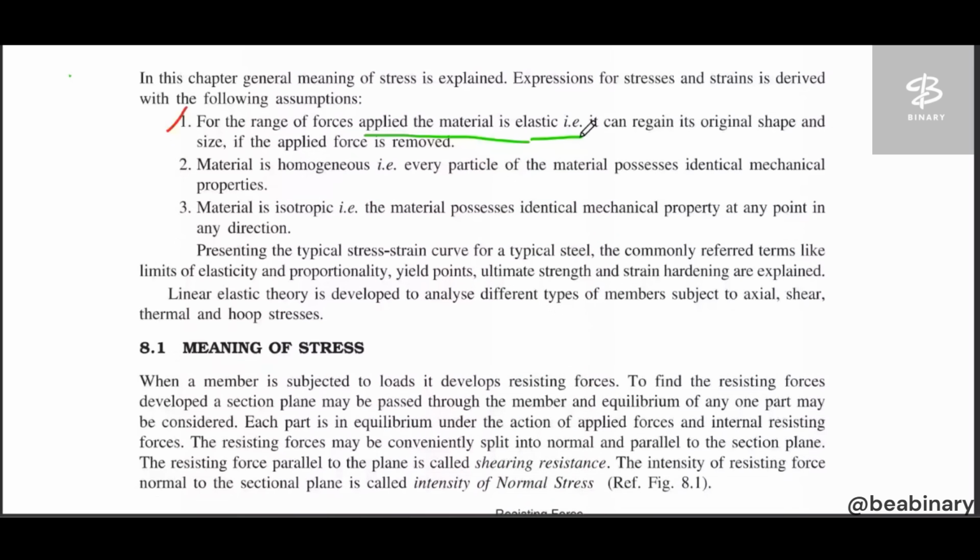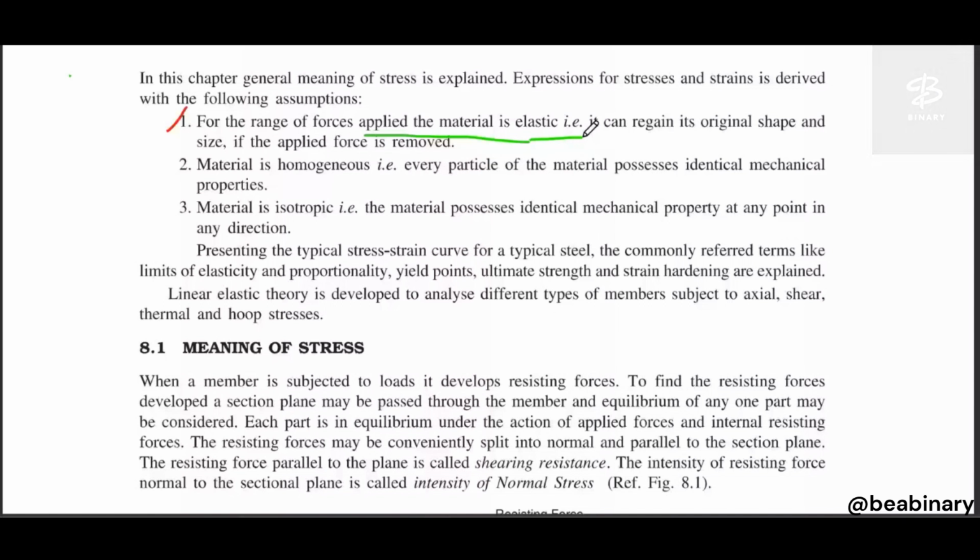I have already told you elastic means when the load is applied on the body, then a displacement occurs. After removing the forces, the displacement is removed. That is called elastic body.